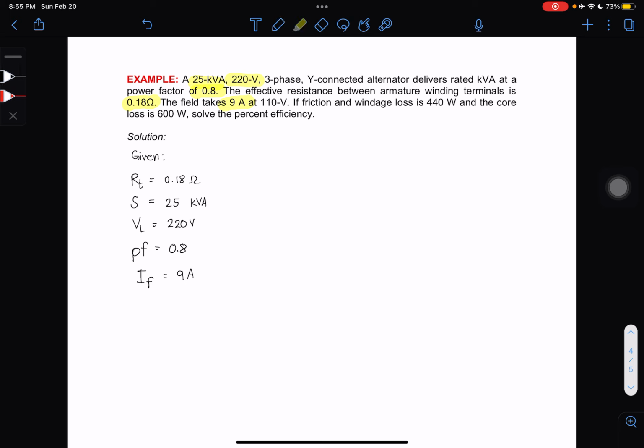And we have our VF also, 110 volts. And we have our friction and windage loss. So PFW, it gave 440 watts. And our core loss is 600 watts.